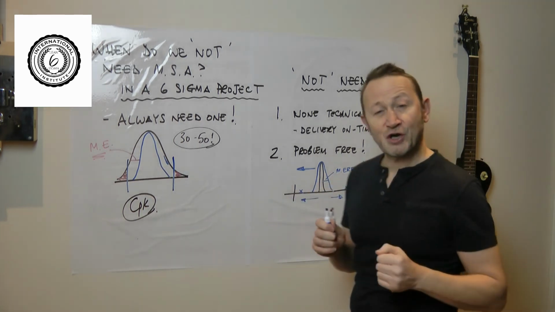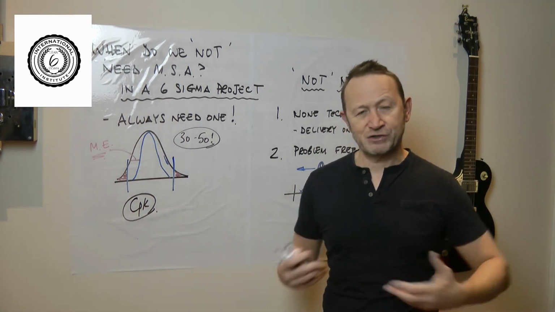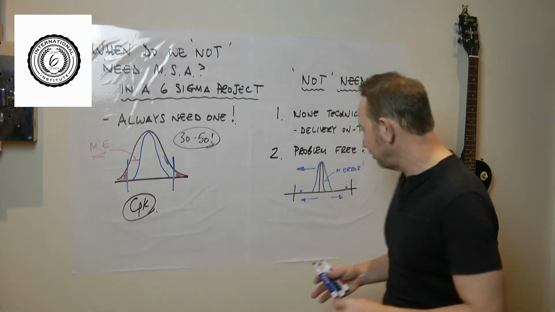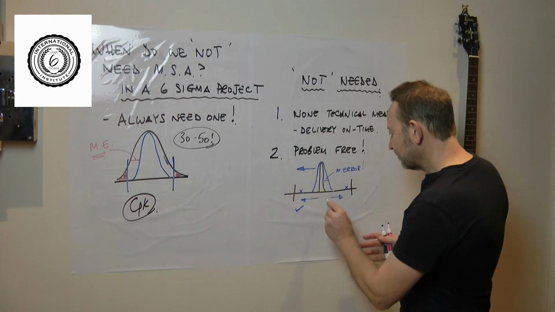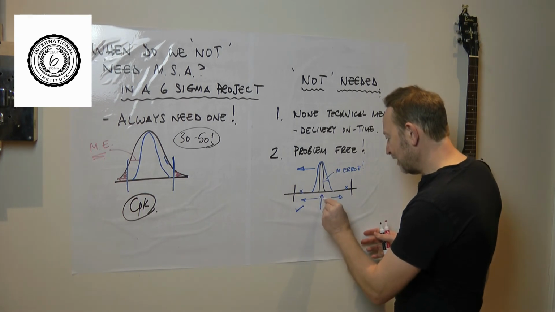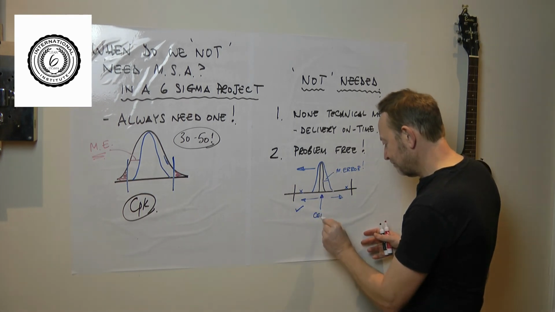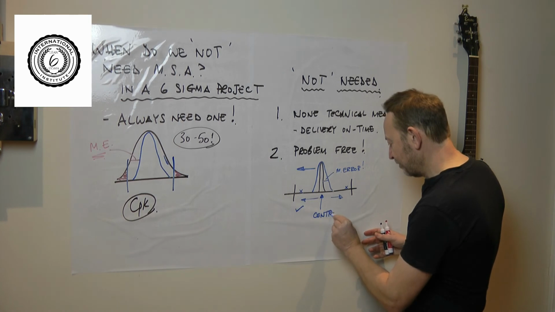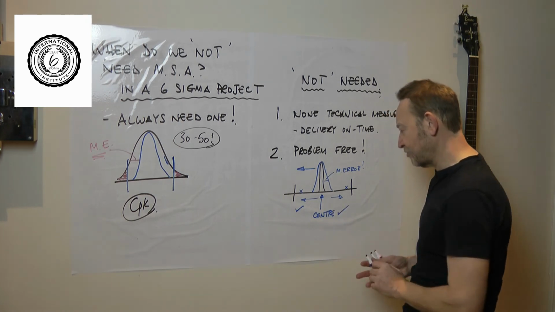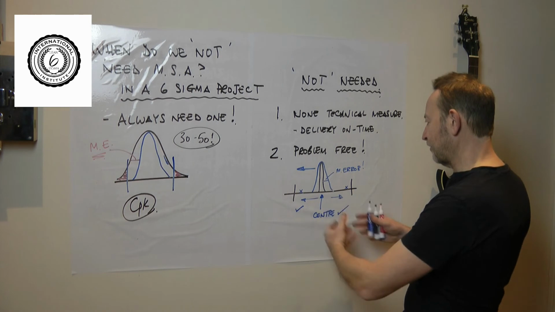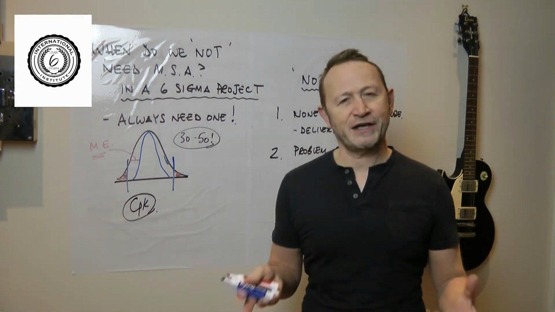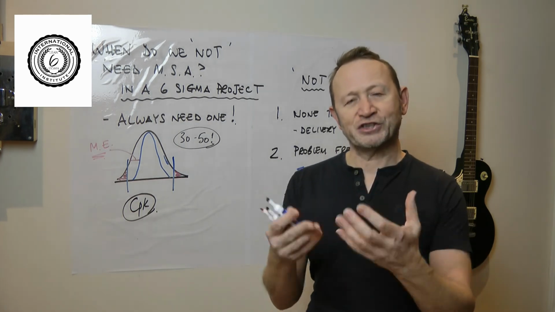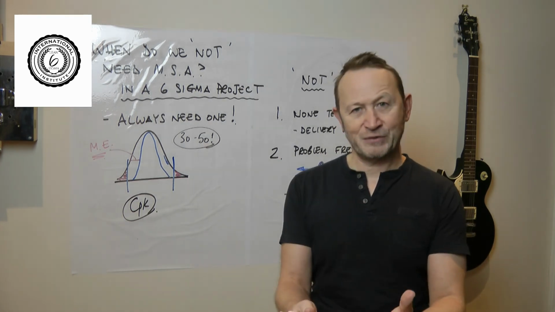If the process started to wander into regions that we would be unhappy with, would the measurement system be able to see it? Yes. Would the measurement system allow me to center this when I set it up? Yes, I could center it. So actually the measurement system provides me with all the things that I need for a successful manufacturing process.